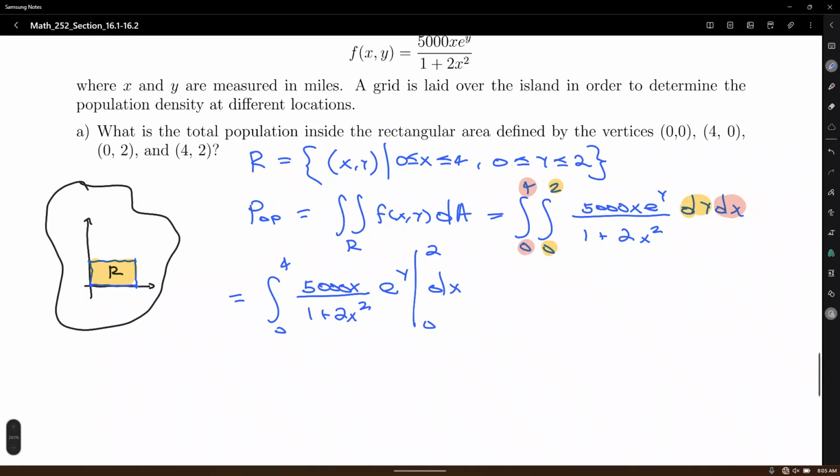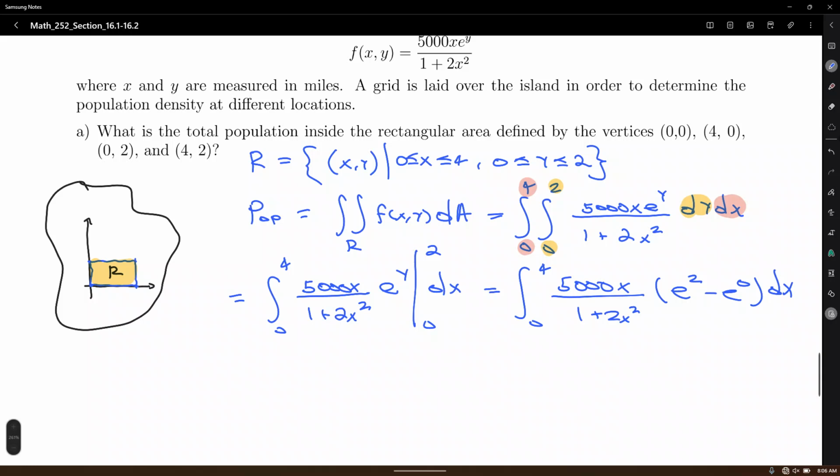So upper limit minus lower limit as usual, that is the integral from 0 to 4 of 5,000x over 1 plus 2x squared times (e squared minus e to the 0) dx. This is just going to be a constant value. Along with the 5,000, this will be just a multiple constant. Although, let's think a little bit ahead of the game here.